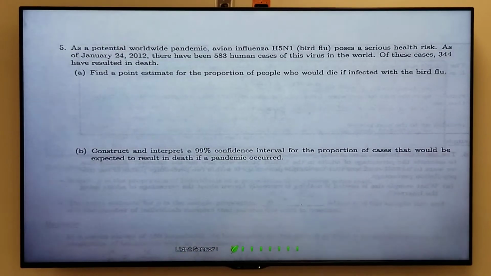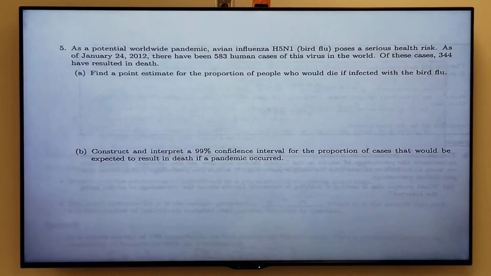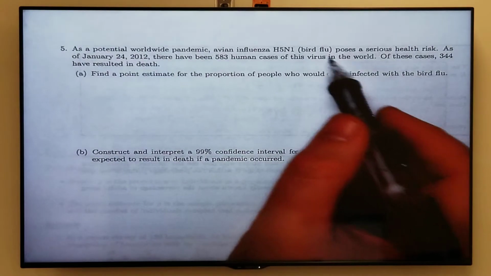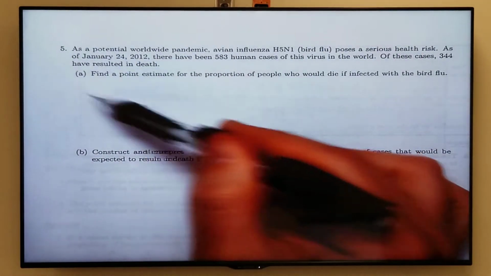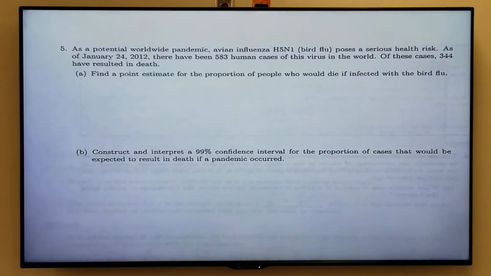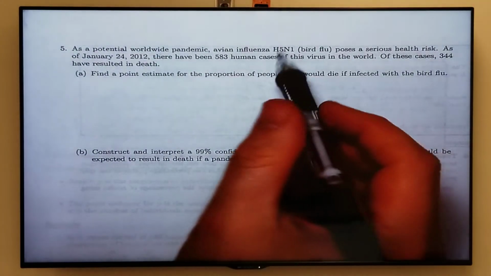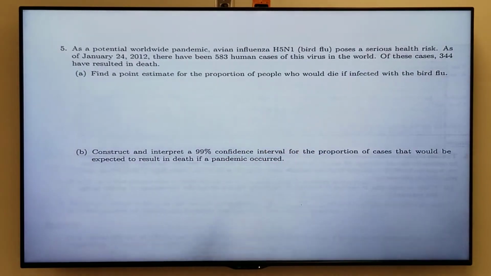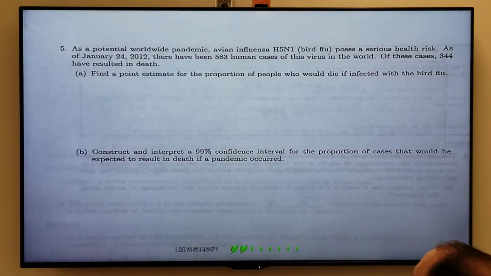Now this, I've been waiting to come across this example because I knew it was coming up in our notes. And this is probably not a very sensitive example to be giving, considering what we're going through right now with coronavirus. Or I should have changed it from bird flu to coronavirus or something. No, that would have been too on the nose, right?